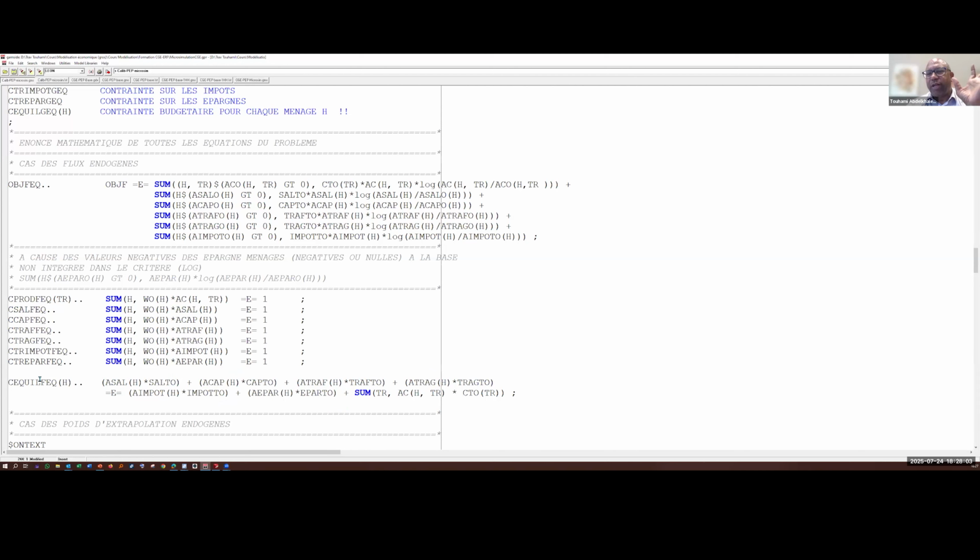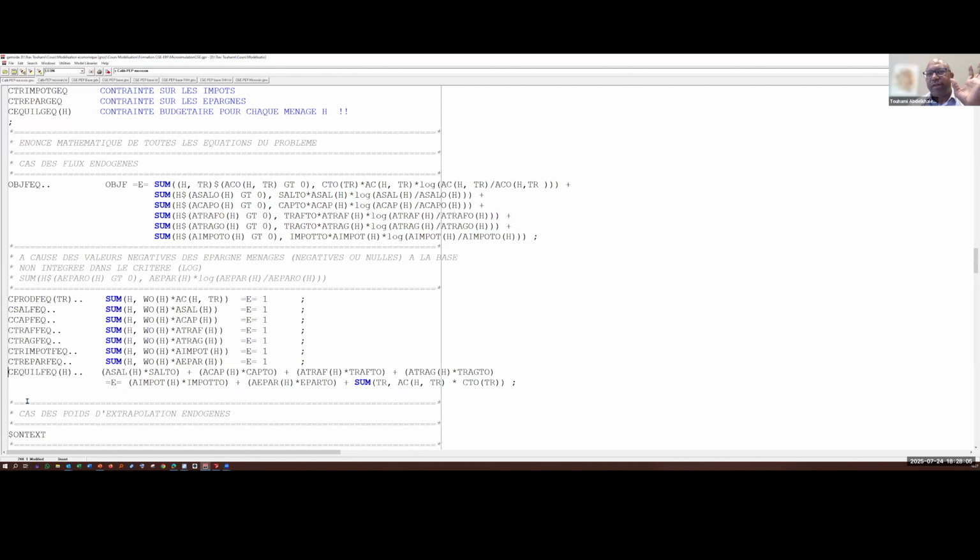Shahir, I am looking if there is a question. Alors, je vais reprendre, to be more clear. Ici, nous avons le critère cross-entropie que nous voulons optimiser. Il est de la forme somme, ou double somme, comme vous voulez, de la somme des flux. Logarithme, la somme, le flux pour chaque ménage que nous cherchons, divisé par le flux observé qui est non consistant.